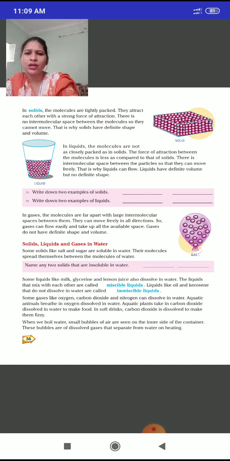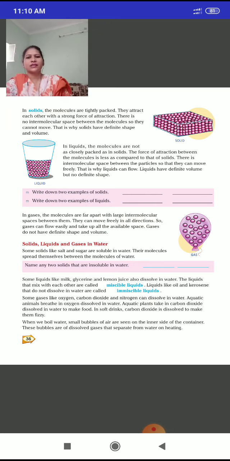When someone adds water to milk, like your milkman, that is also miscible liquid. But liquids that cannot dissolve or mix with other liquids, like oil or kerosene, are called immiscible liquids.